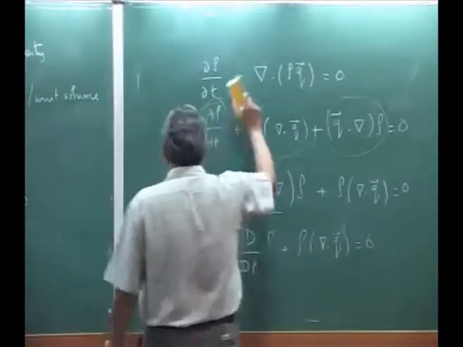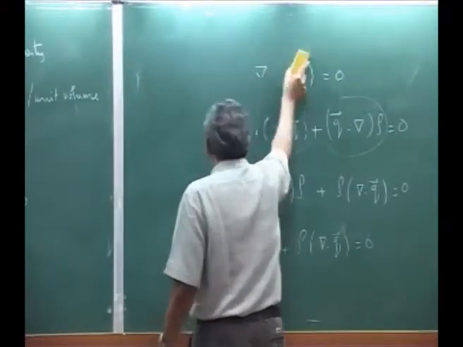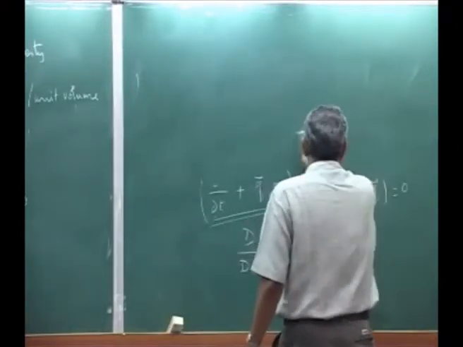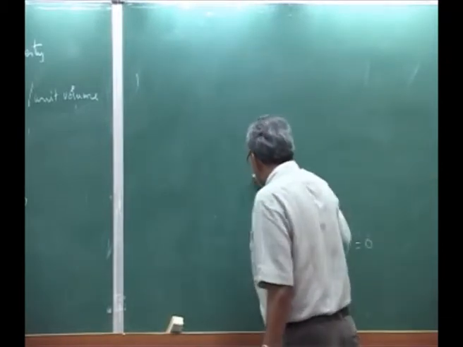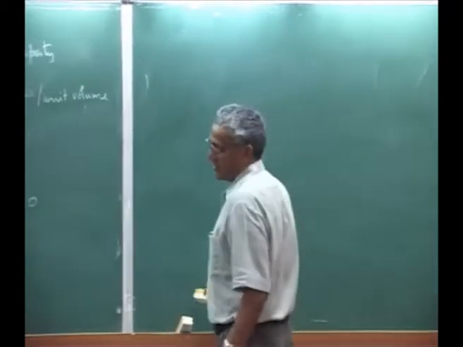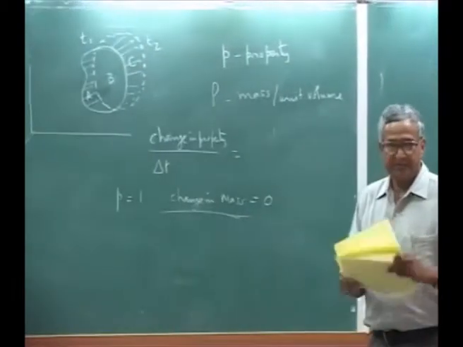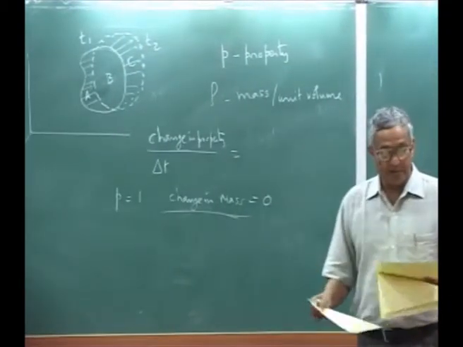Now I will erase this part. Let us check the property P as velocity. That is conservation of momentum.